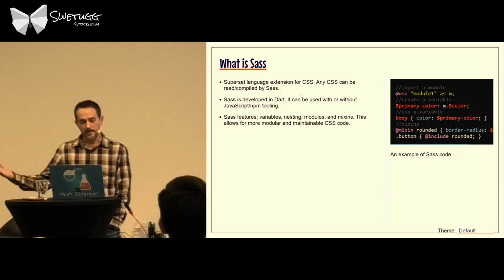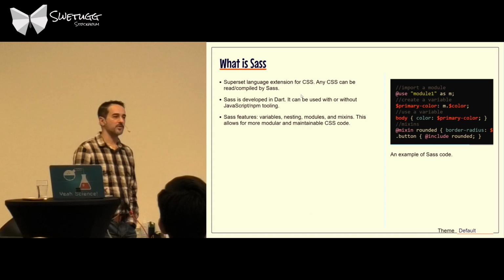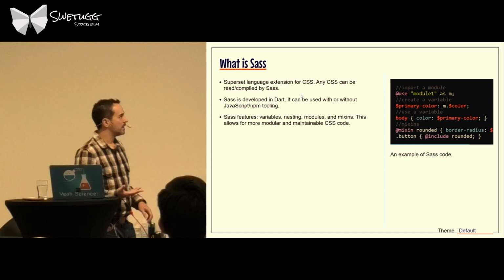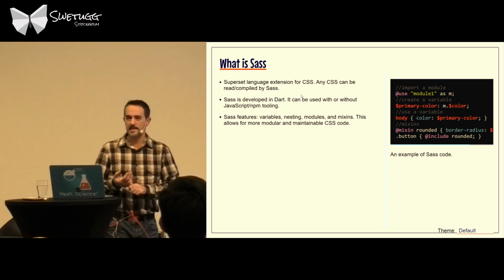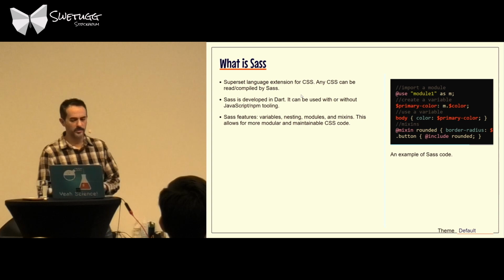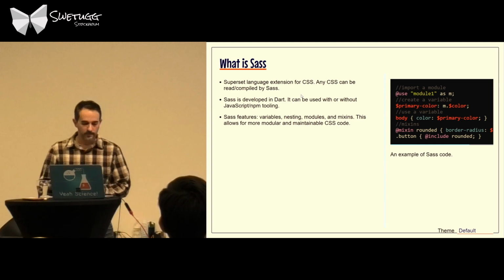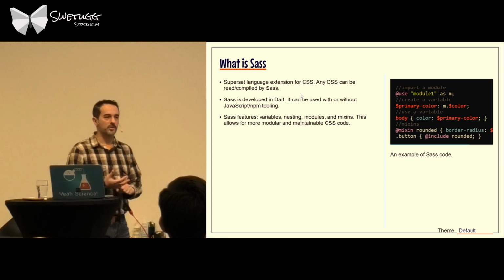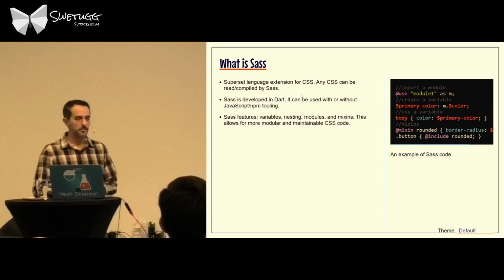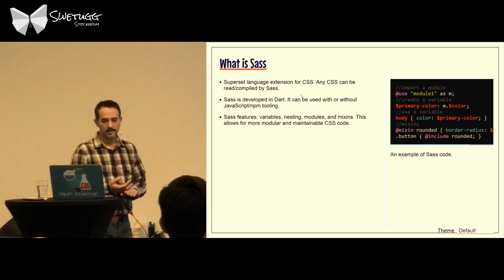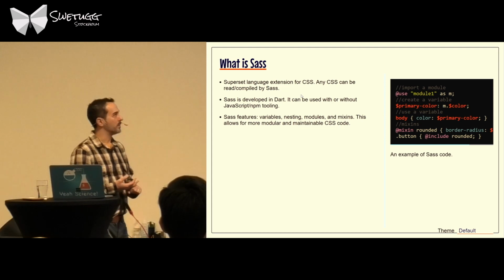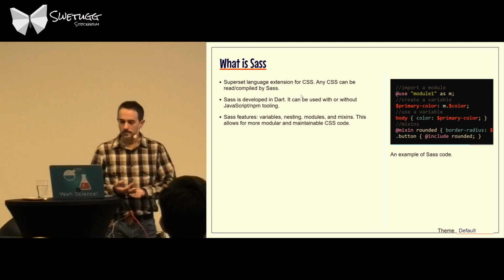One thing that's really nice about Sass is it gives you features that CSS doesn't have. For a long time, CSS didn't have variables. It does now. We'll talk about those in a little bit. So Sass gave us variables years and years ago. It has nesting, which is something that is just now being spec'd out for CSS, and a lot of it is based on what Sass has done.